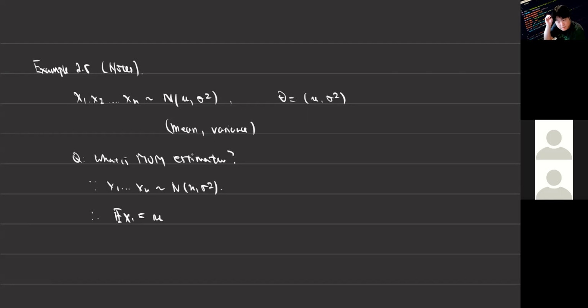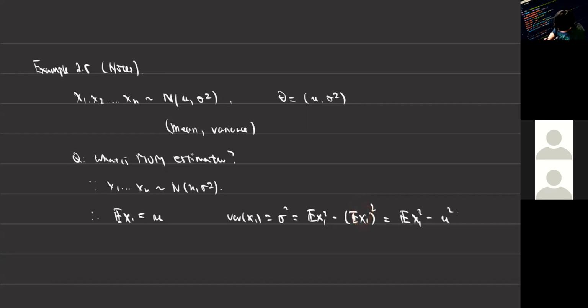And the second one, do a little bit of calculation. The variance of x1 is sigma squared, and what is that? That is the expectation of x1 squared minus the expectation of x1, squared. And we know that the second term is mu squared.